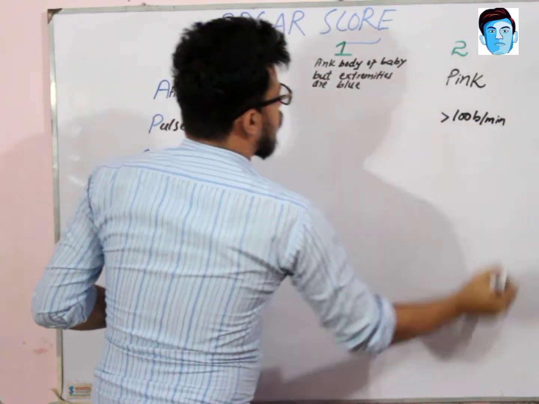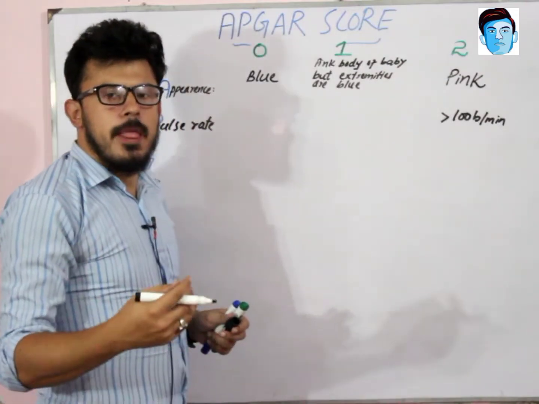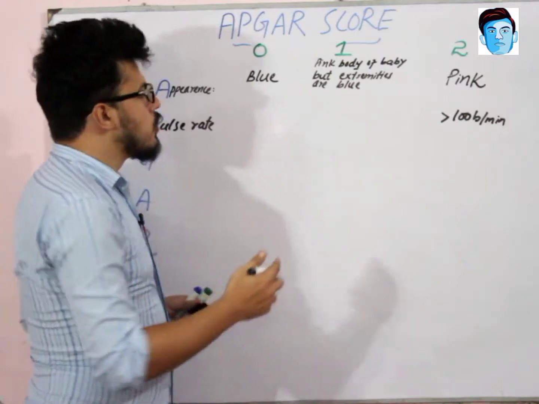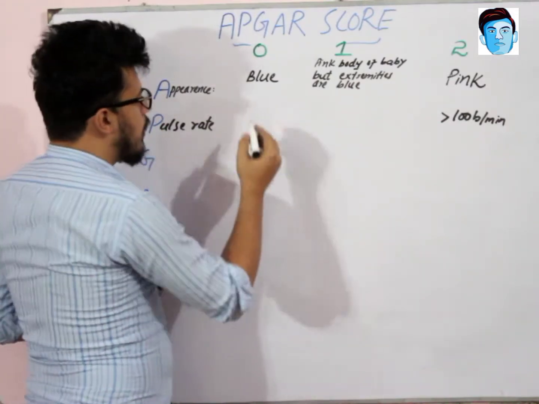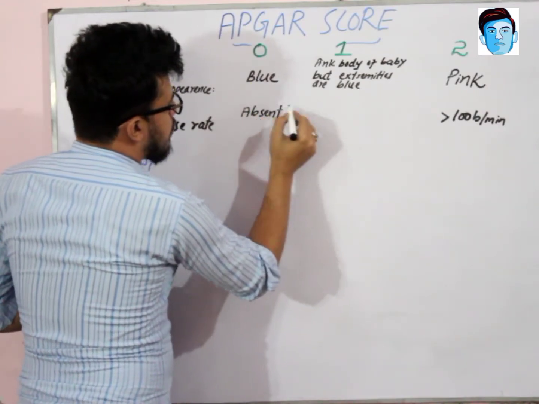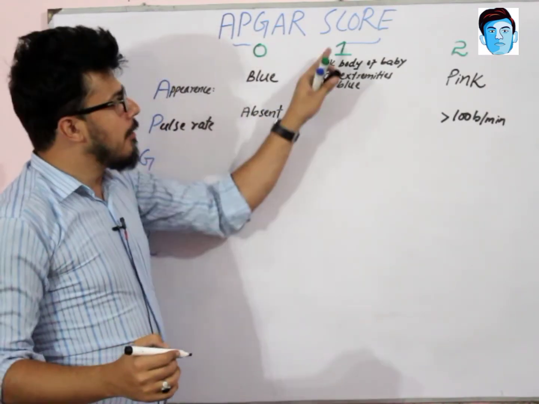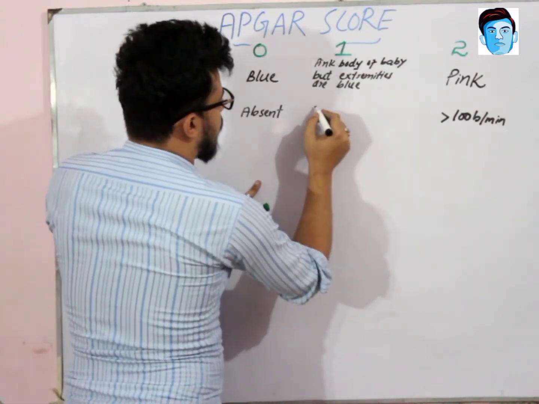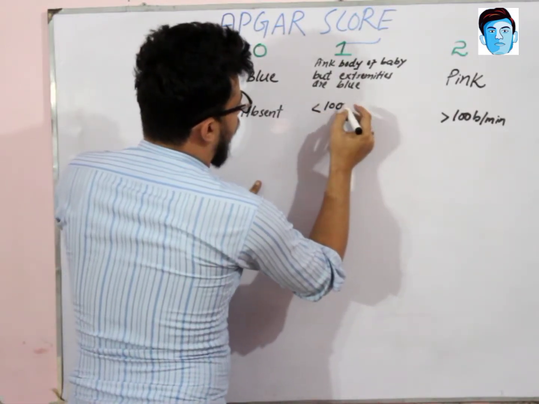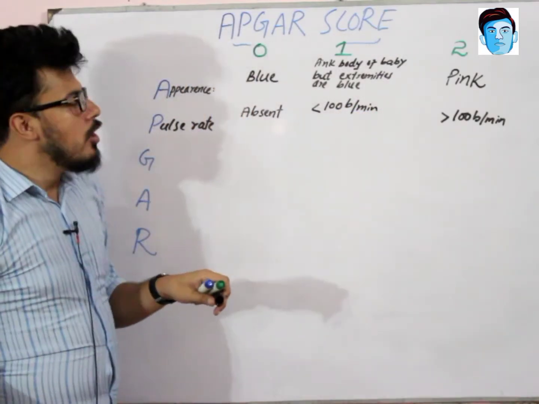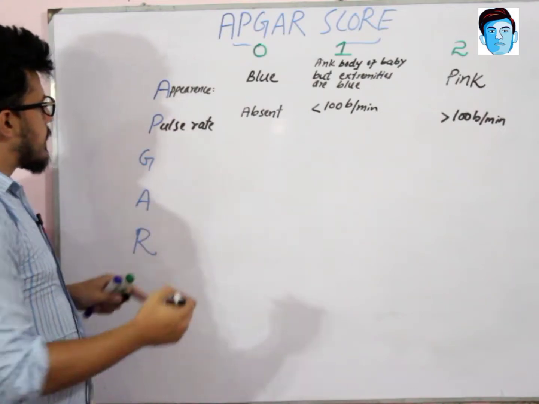But if the child's heart rate is absent, that is the worst condition of a child. So in a 0 the pulse rate is absent, while in a 1 the child's pulse rate is less than 100 beats per minute, like it could be 90, it could be 80 as well. So this is important.